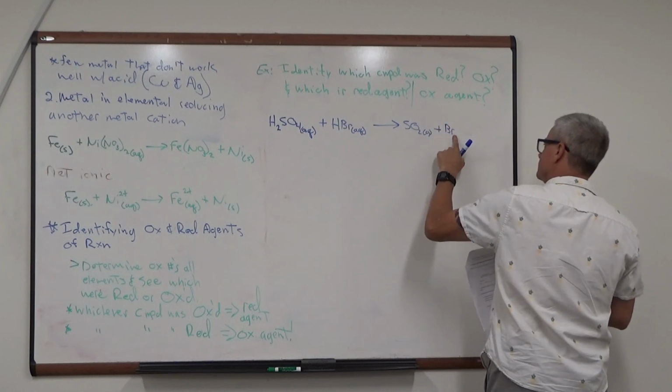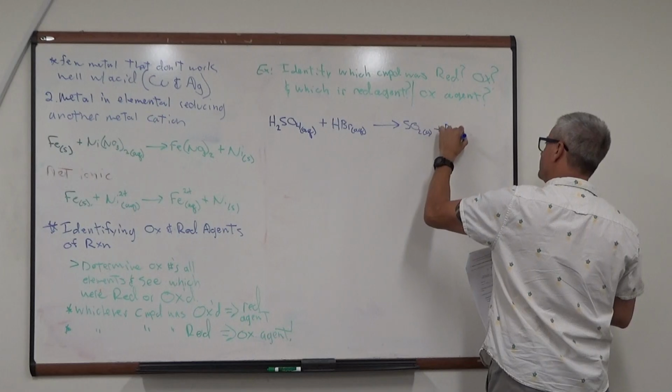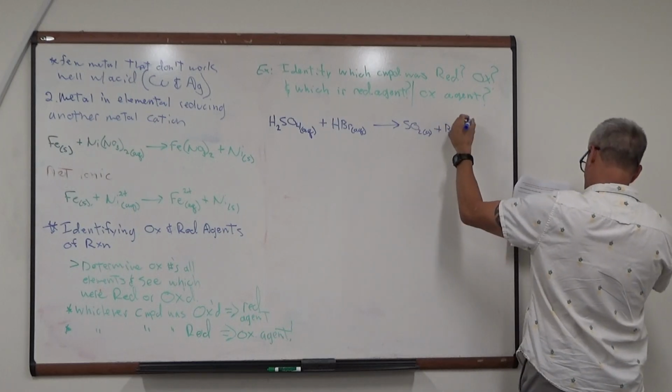Oops. Elemental bromine is diatomic. Okay, and then water.